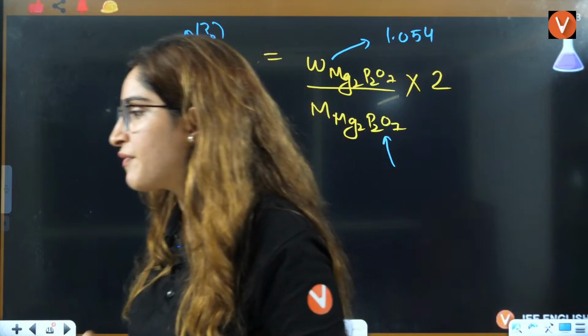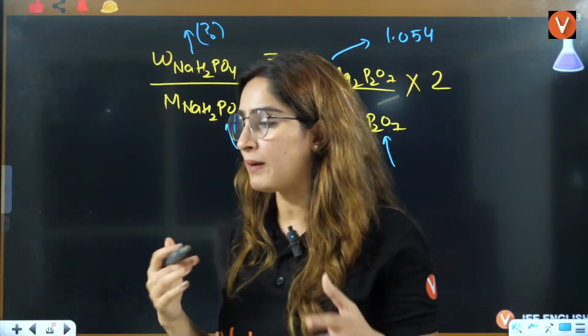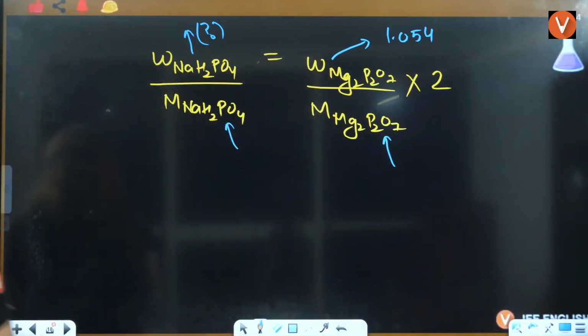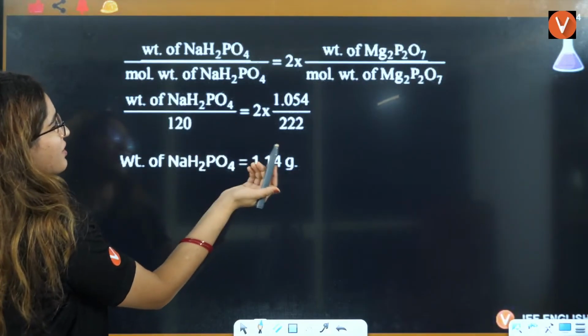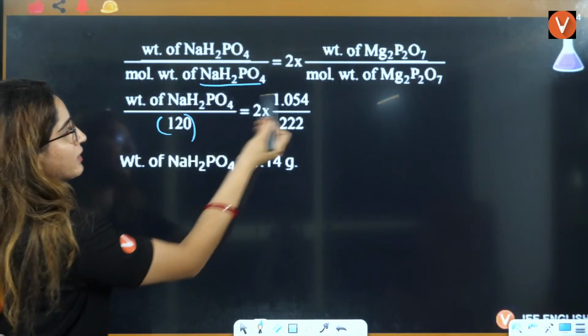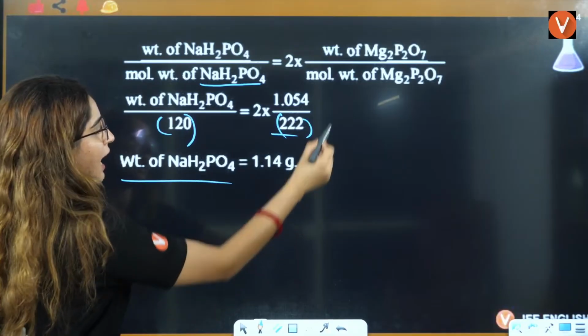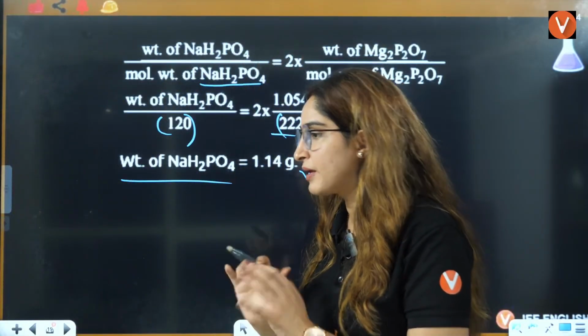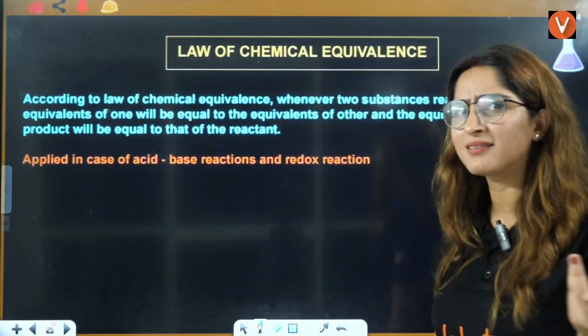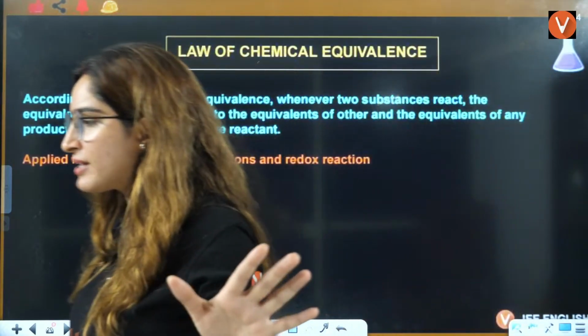Everyone, is that clear how to apply POAC in these kinds of situations? You just put in the weights. Here the molar mass is 120, here it is 222. Put them in and you will get your answer for the weight of the reactant. That's it about POAC.